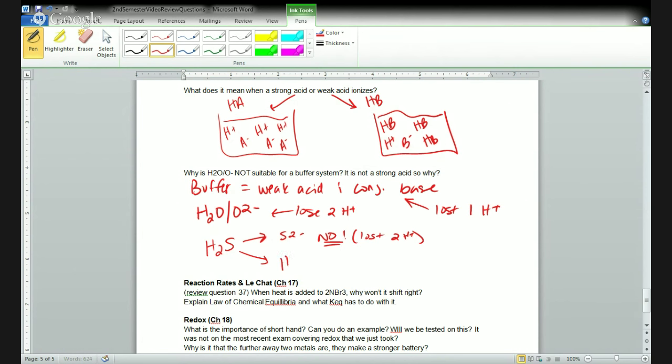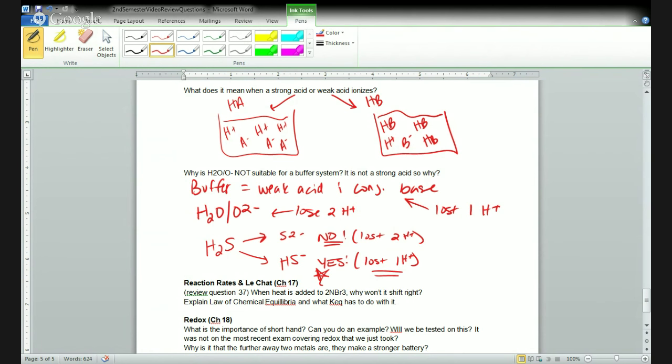If it's HS minus, then yes, it could be a buffer because it's only lost one H. So the definition of a buffer is it must have a weak acid, which H2S is, and its conjugate base, which means it's only lost one H. So this would be our buffer system. This would not work, so that's why this guy would not be a buffer. It's simply lost too many H's.